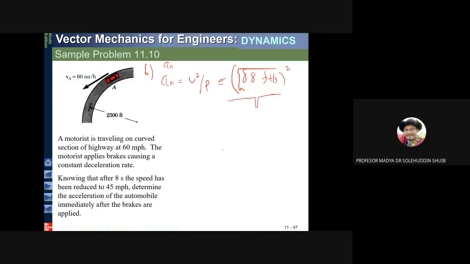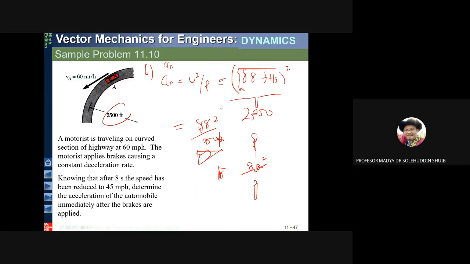Rho is this one, which is 2500 feet. So we have here 88 square divided by 2500.